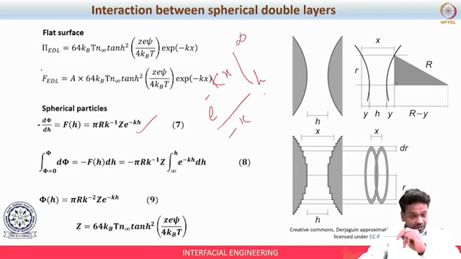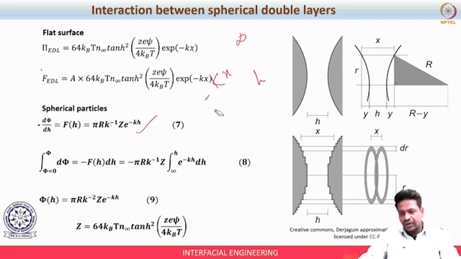So, e power minus infinity is 0, minus the lower limit e power minus kh, and that minus becomes plus. So, you will have e power minus kh by simply k. You can also write k as k inverse, where k inverse is the screening length, which is exactly what we have obtained here also. So, this is the equation for the electrical double layer force.